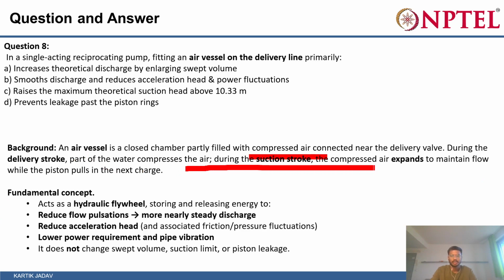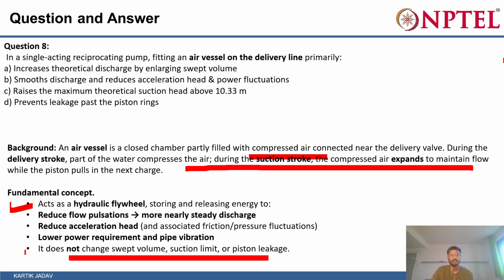During the suction stroke, the compressed air expands to maintain flow while the piston pulls in for the next stroke. So it acts like a hydraulic flywheel, storing and releasing energy to reduce flow pulsation, giving a more nearly steady discharge. It also reduces acceleration head and lowers power requirement and vibration, and it does not change the swept volume, suction limit and piston details.